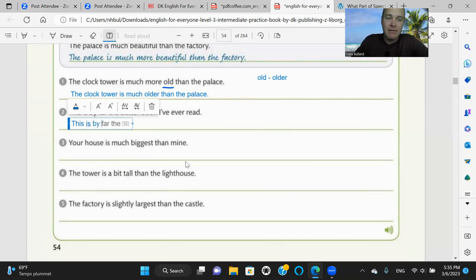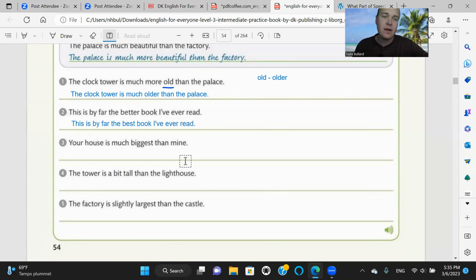This is by far the best book I've ever read. Este es de lejos el libro más bueno que jamás he leído. Ok.